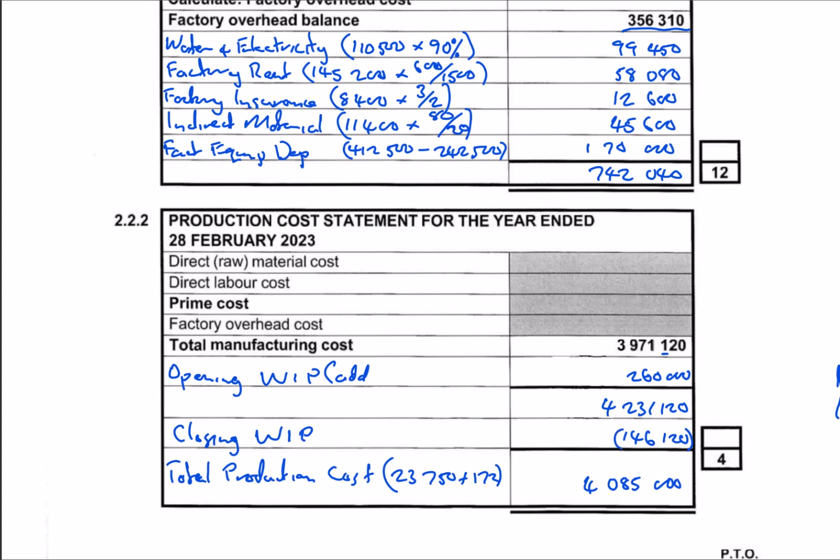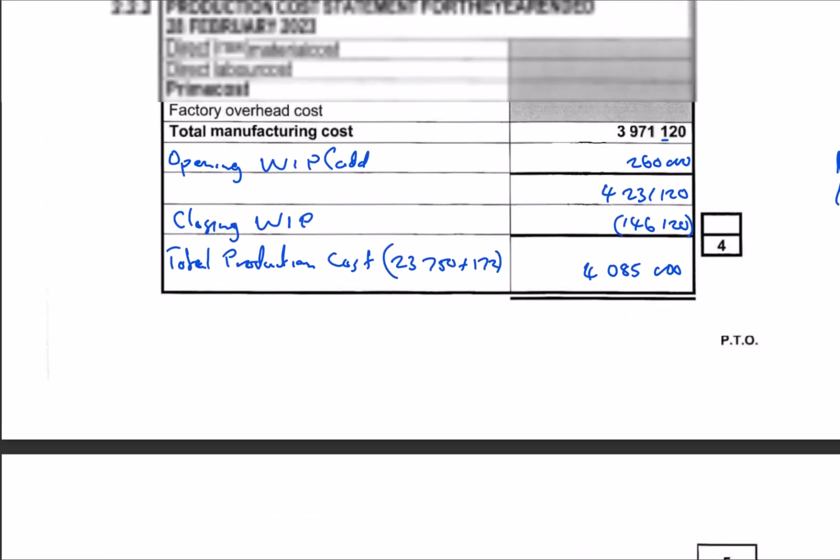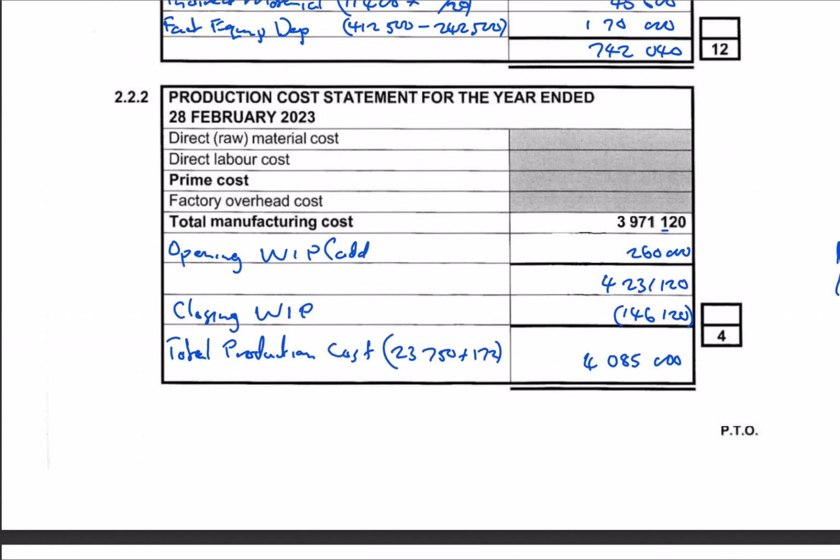As you can see, my total cost of production is less than this value at the top, right? So that means you've done the correct thing, right? Then that's it with this question. It was very simple and straightforward, right? Then we'll move on to the next question.